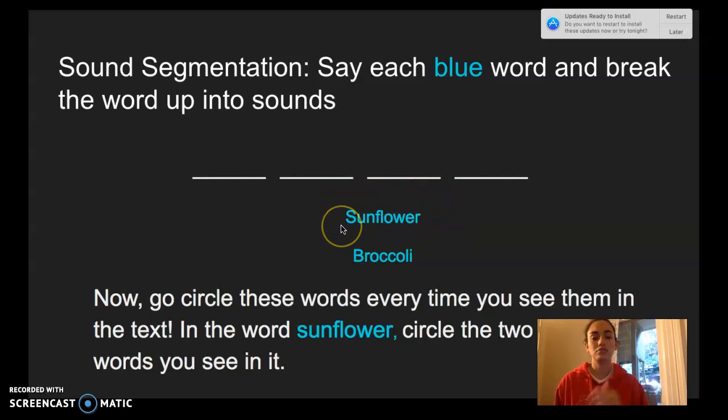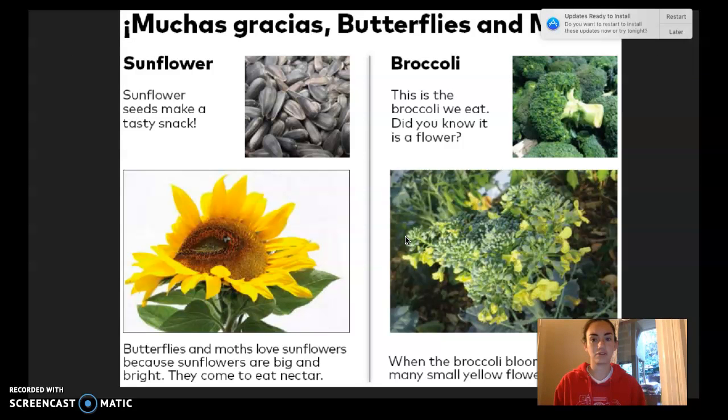Once you sounded out these words in blue, and once you figured out what they are, go into the next slide and circle the words every time you see them. And then for this word that starts with an S, see if you can show me the two small words that you see in that big word, okay? So if you need to pause the video and go to Seesaw to work on this page, go ahead. If you want to do it at the end, we can keep moving on.